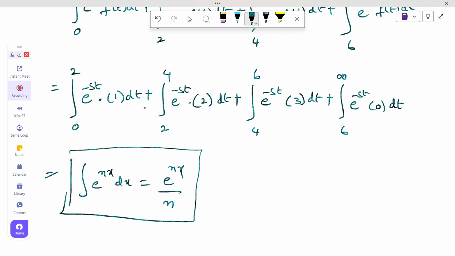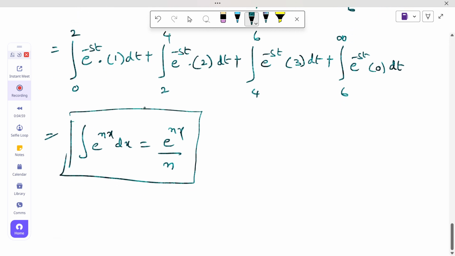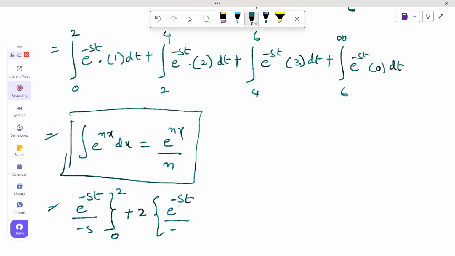So in that case, for the first one, it is e power minus st divided by minus s, with limits from 0 to 2, then plus the constant 2 into e power minus st divided by minus s, with limits from 2 to 4.